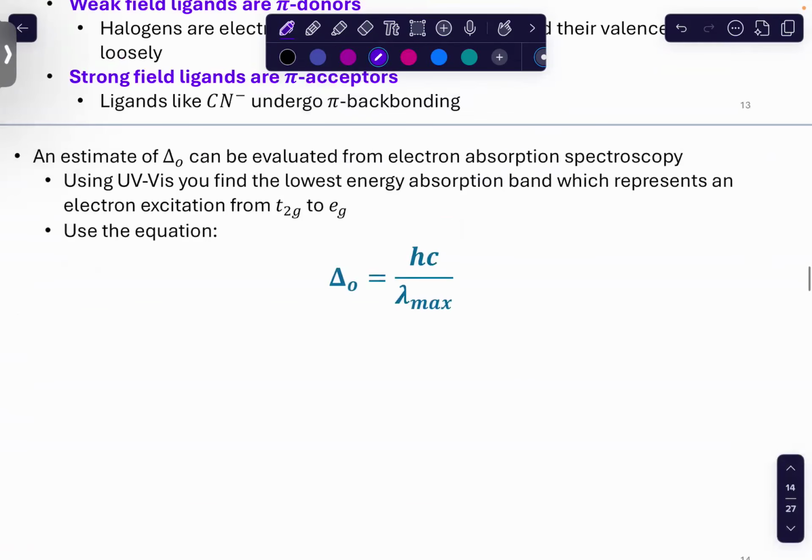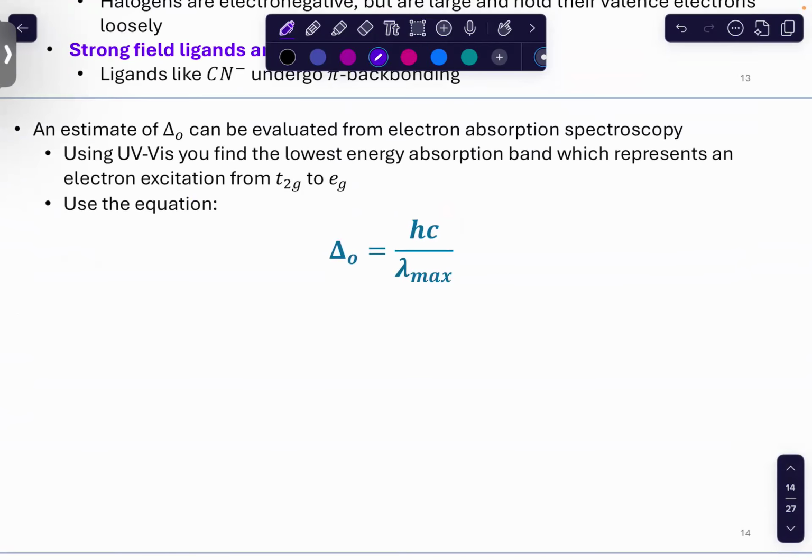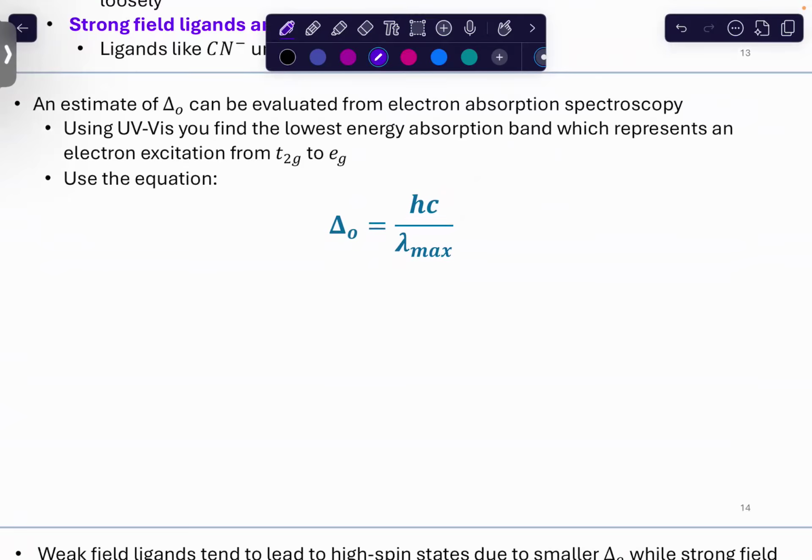Let's see, where are we? Okay, and when we're talking about lambda max, let's look at how some of these are judged, and also at some trends. So we can start with, say, this octahedral complex.